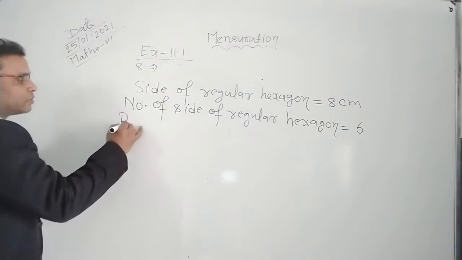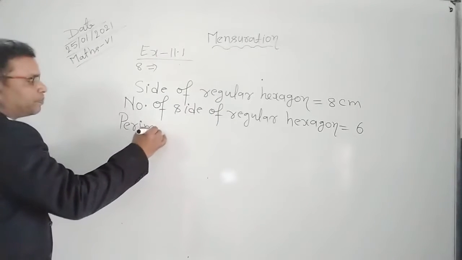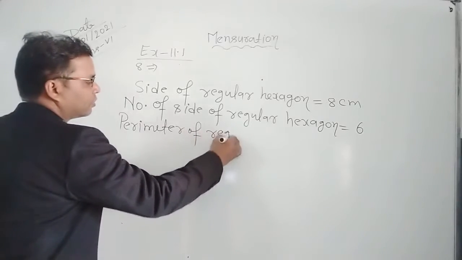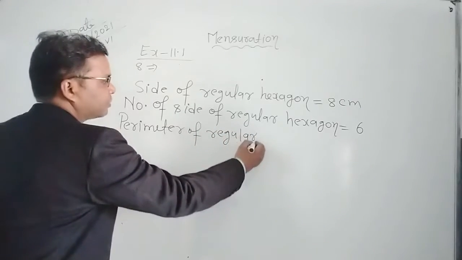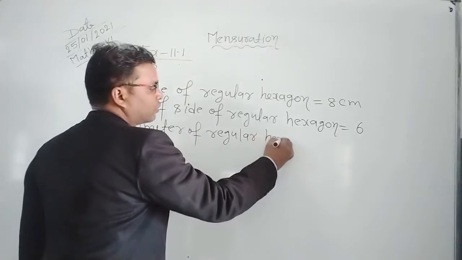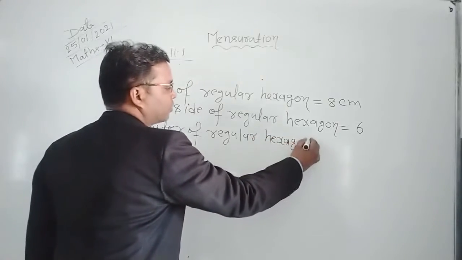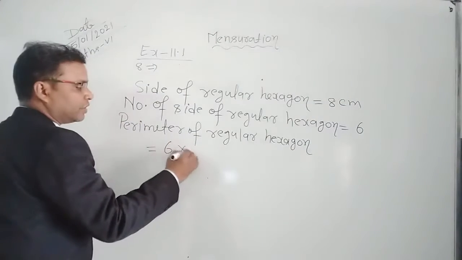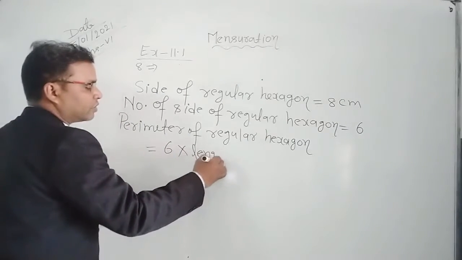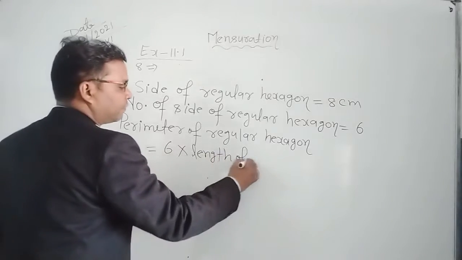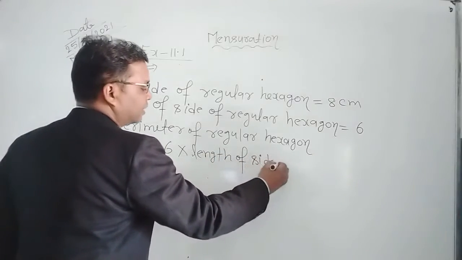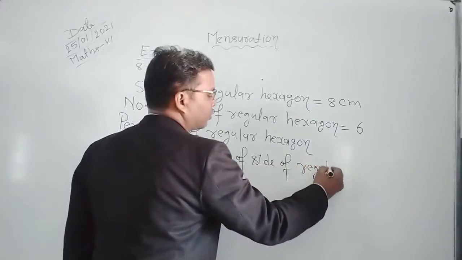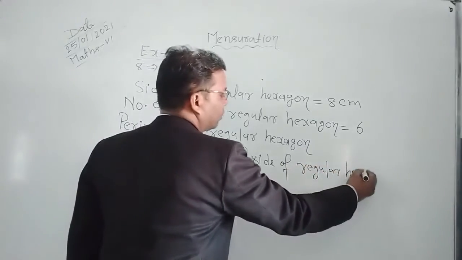Perimeter of regular hexagon is equal to 6 into length of side of regular hexagon.